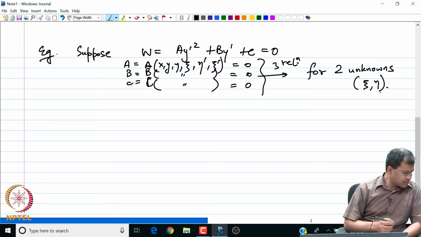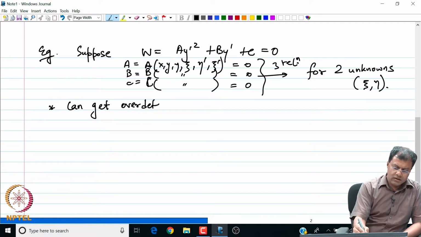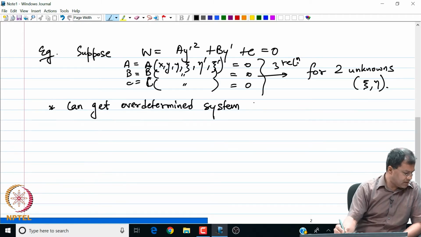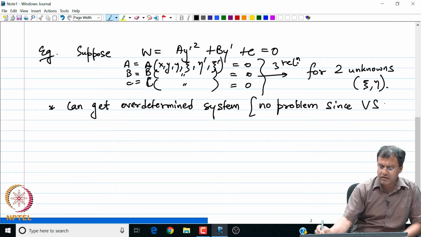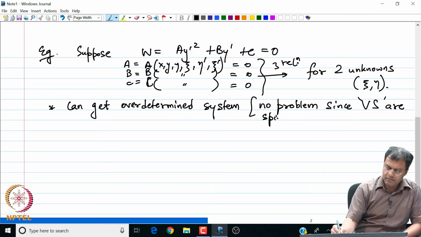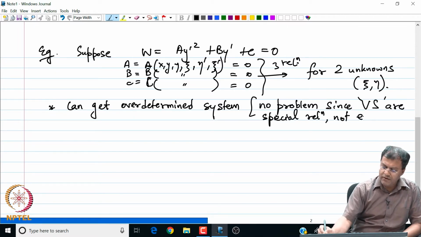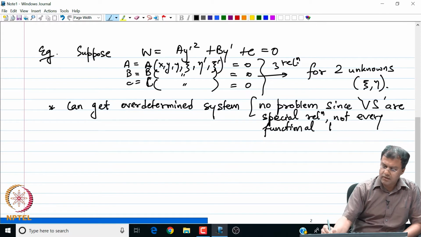Okay. So, what I just said is that we can get an over determined system, and that is not a problem, since variational symmetries are special relations, and not every functional has them.